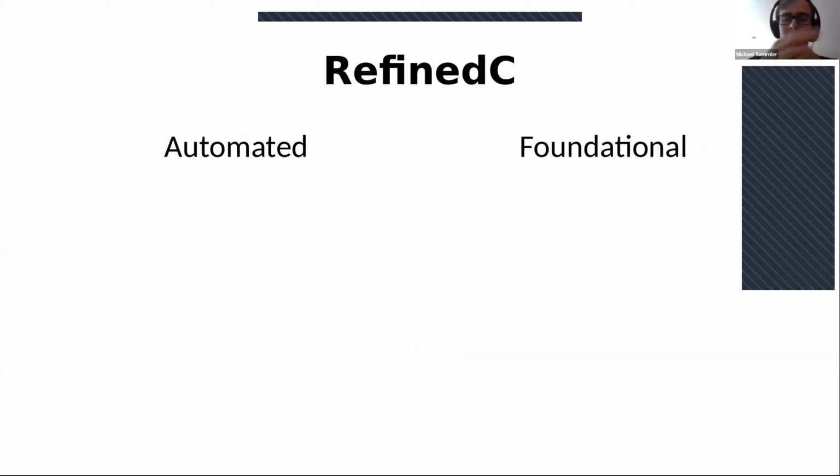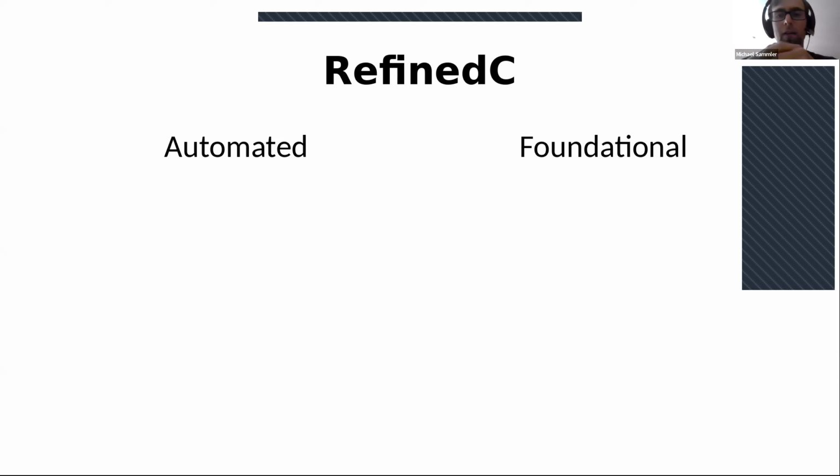So I don't need to go into the motivation for why we want to verify C code for this crowd, but I just want to say the big goal of RefinedC is to bridge the gap between two pillars of verification.